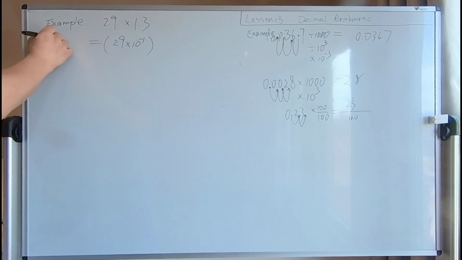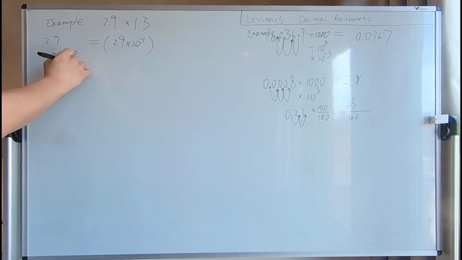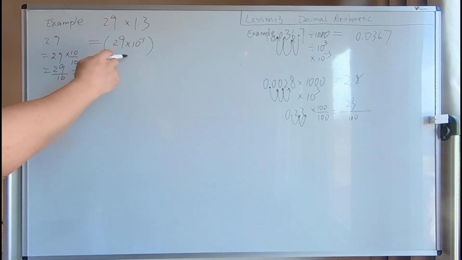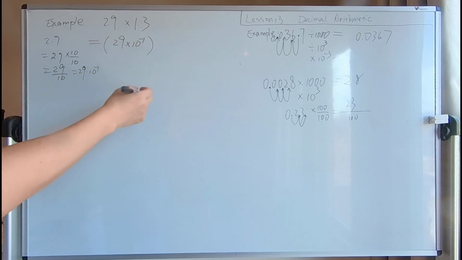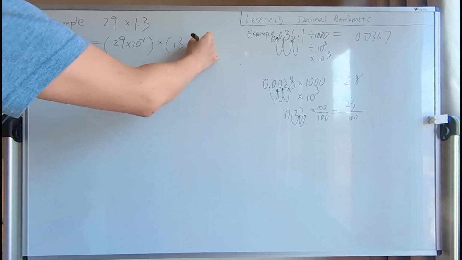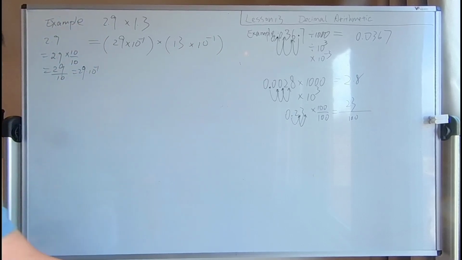Because 2.9 is 2.9 multiplied by 10 divided by 10, and then 2.9 times 10 is 29 divided by 10, and divided by 10 means 10 to the power of negative 1. But you have many different ways to convert this, so this just shows you that 2.9 can be written as 29 times 10 to the power of negative 1. Similarly, 1.3 is 13 times 10 to the negative 1.